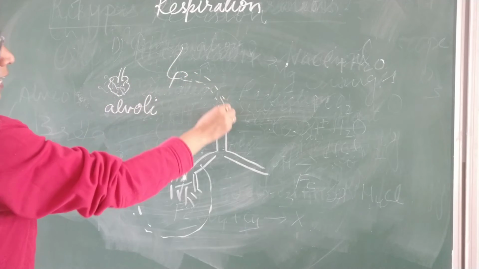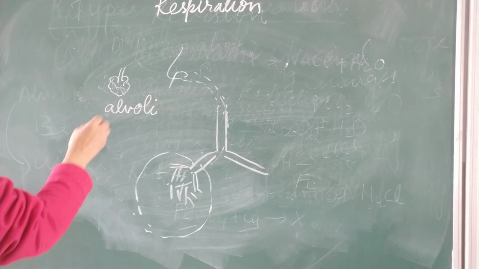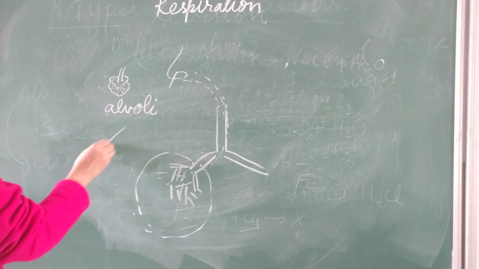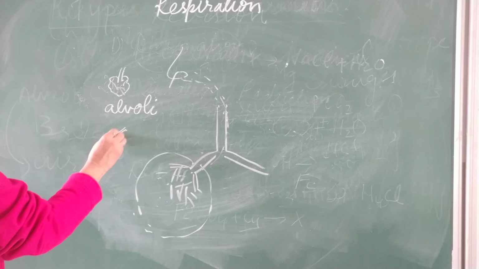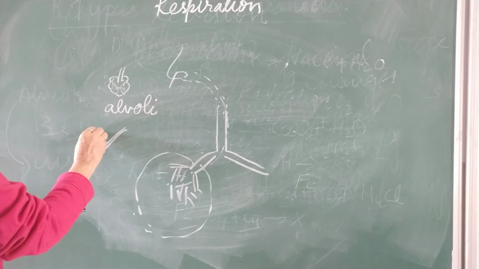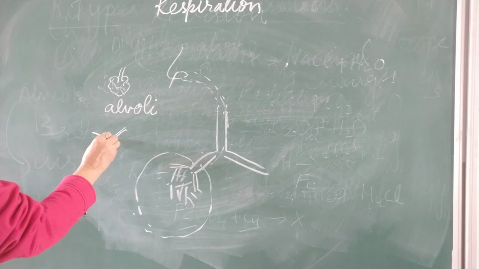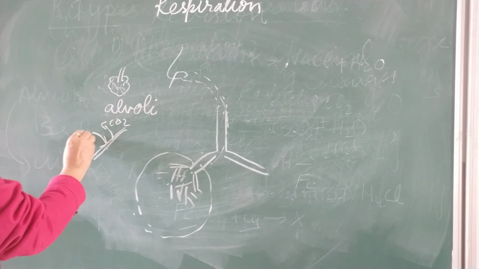In the alveoli there is a very rich supply of capillaries. When we take in air, what happens? It goes into the alveoli, and exchange of gases takes place there. The capillaries have carbon dioxide rich blood, and by the process of diffusion, carbon dioxide comes out and oxygen goes in.